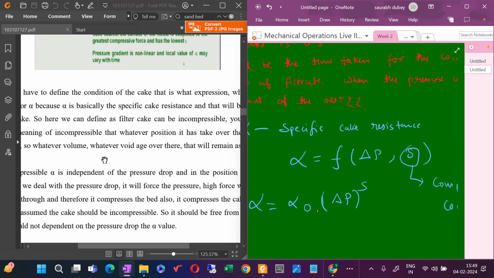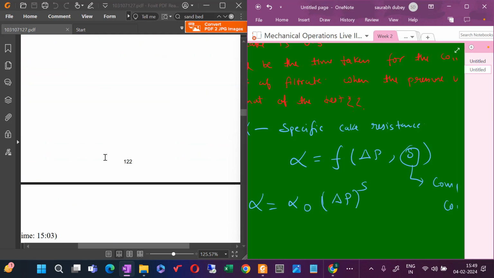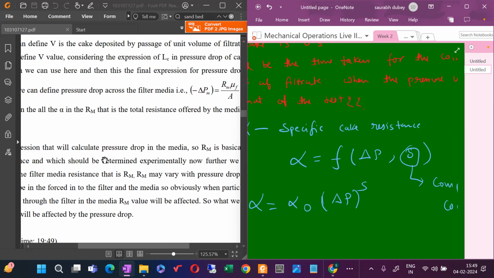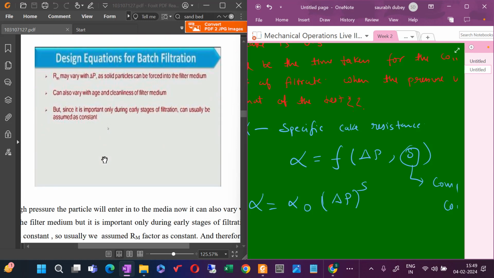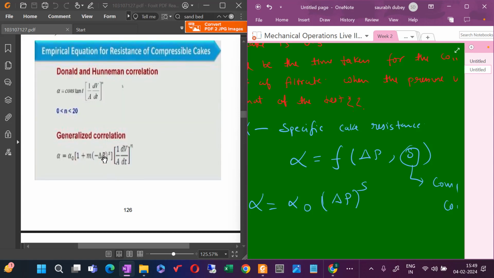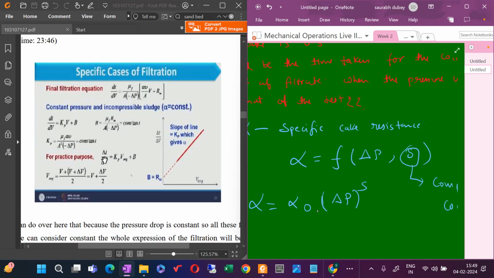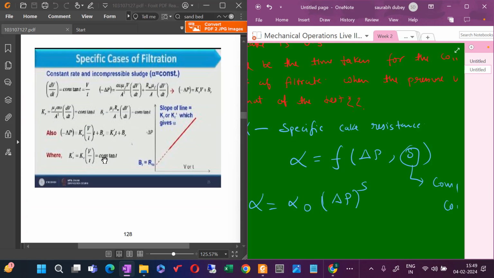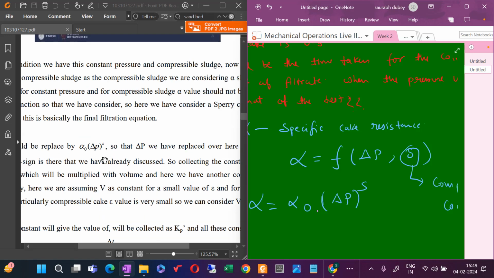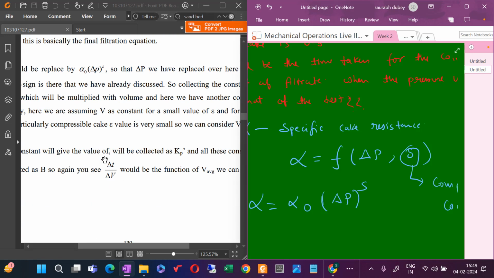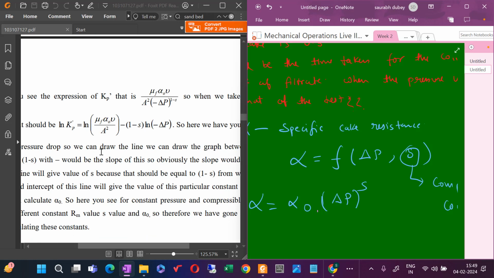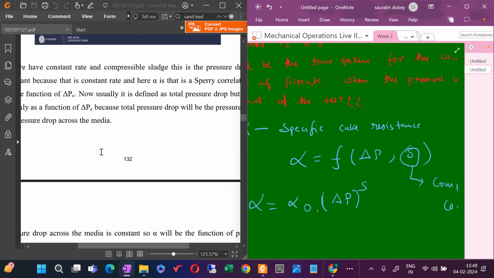So this expression, alpha equals alpha 0 delta p to the power s, confirms that alpha is a function of the pressure drop, and the pressure drop will vary at different layer locations, and hence there will be some changes in the situation.